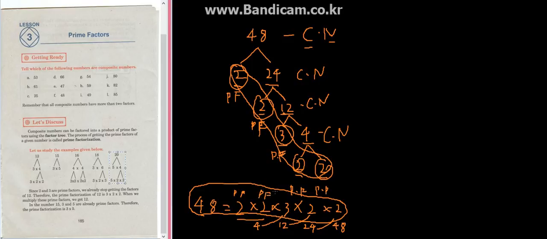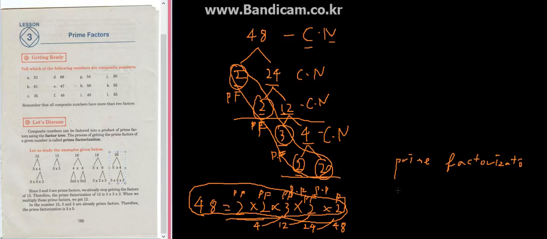This process of making a number into a multiplication of only prime factors is called prime factorization. This is a process. Even if the process stops partway, it is prime factorization, but the prime factorization is not over. If you do it until you reach only prime factors, the prime factorization is completely done.